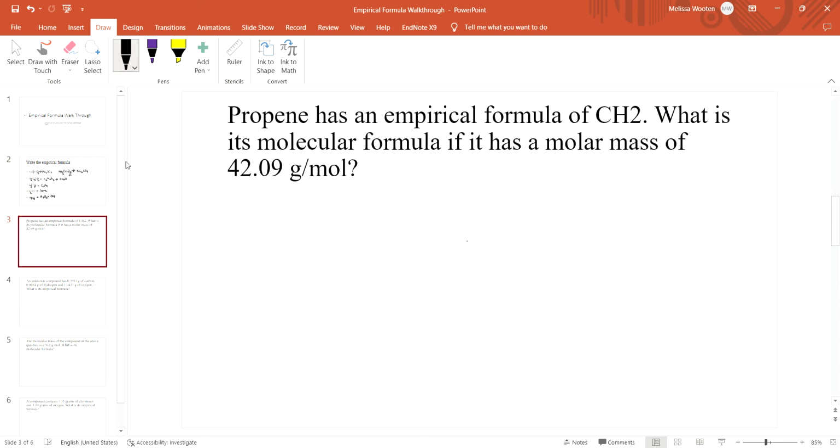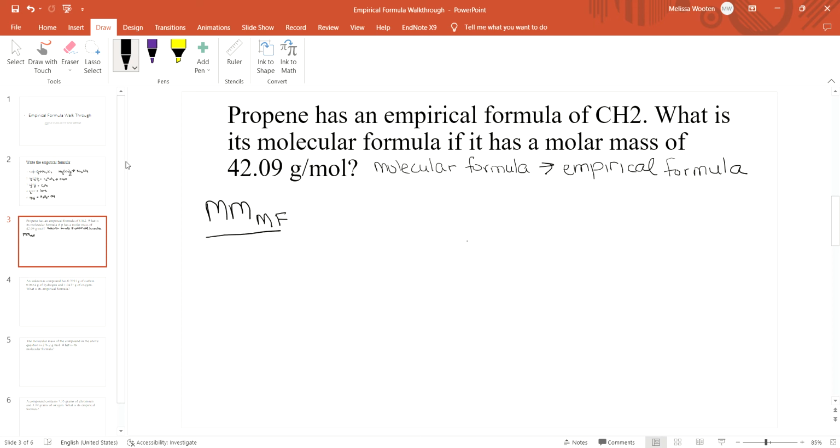Propene has an empirical formula of CH2. What is its molecular formula if it has a molar mass of 42.09 grams per mole? So when you're going from an empirical formula to a molecular formula, we're going to use this formula to figure it out.